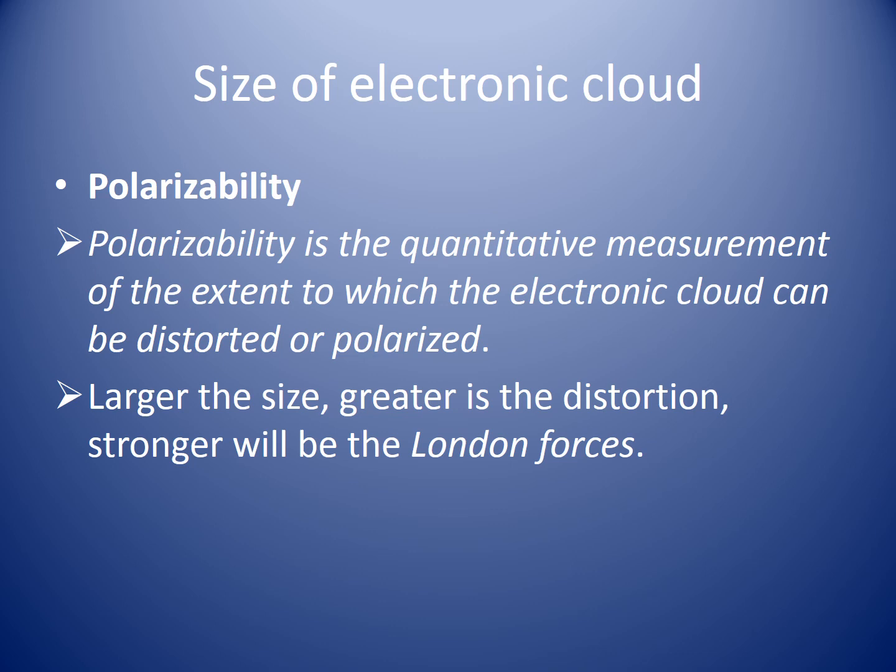Polarizability. Basically, polarizability is the quantitative measurement of the extent to which the electronic cloud can be distorted or polarized. Means, larger the size of the atom, greater is the distortion and stronger will be the London dispersion forces. This is very evident in case of iodine.